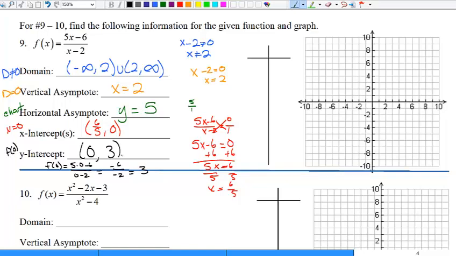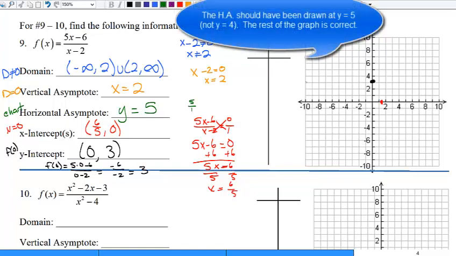Okay, so I have some information, and we're going to plot everything we know. I have a point at 0, 3. I have a point at 6/5, which is a little past 1, 0. I've got a horizontal asymptote at 5. And in orange, I have a vertical asymptote at 2.